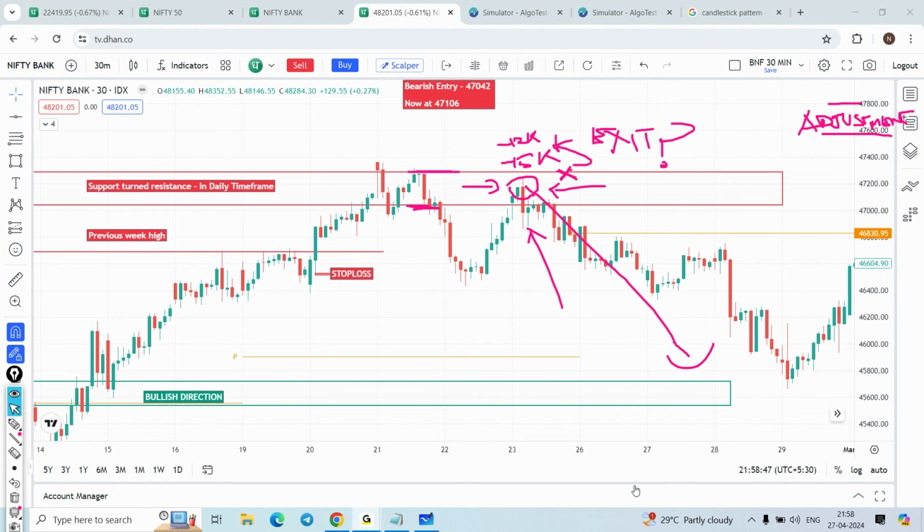Now, one simple question I will ask: how many times have you exited your trade before the stop loss got triggered, just by looking at the losses? Have you done it? Yes or no?